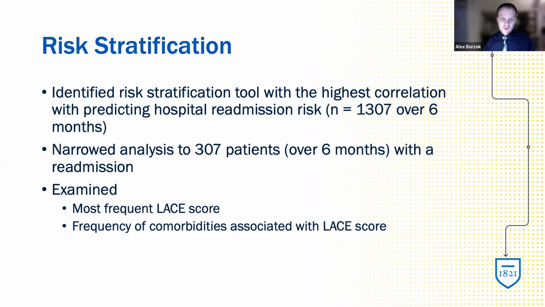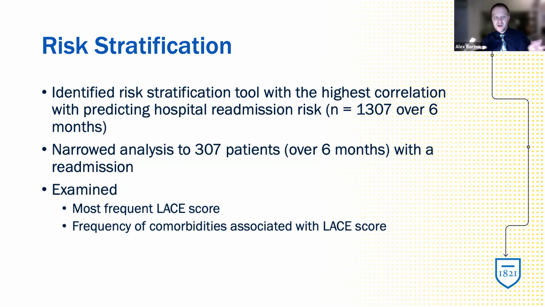we then looked at the 307 patients over the 6 months that had a readmission. We ended up looking at the LACE score. So we examined the most frequent LACE scores within these 307 patients. And then we delved even further within that subcategory to look at the frequency of comorbidities of these patients with those LACE scores.